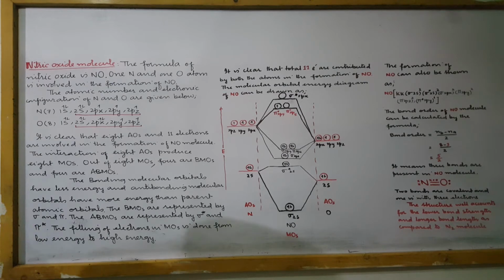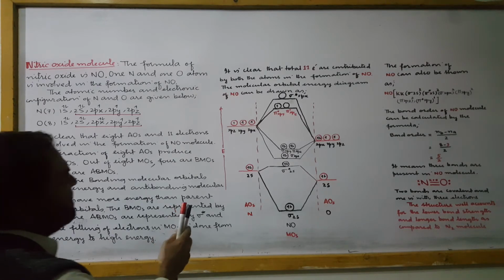The filling of electrons in molecular orbitals is done on the basis of the Aufbau principle, Pauli's exclusion principle, and Hund's rule. The Aufbau principle tells that the filling of electrons in orbitals must be done from low energy to high energy. Pauli's principle explains that 2 electrons in an orbital always have opposite spin.